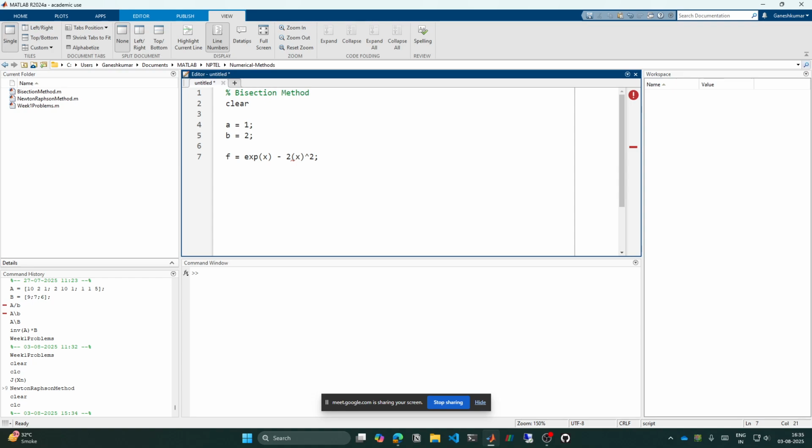In MATLAB, if you have a function, you write it as a function handle, so that you can always send this x and evaluate the function again and again.